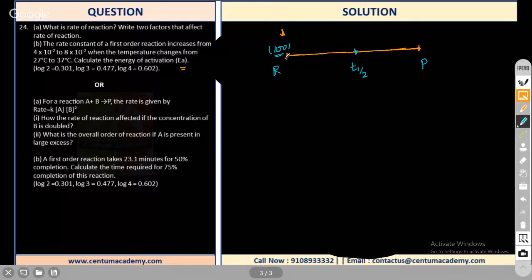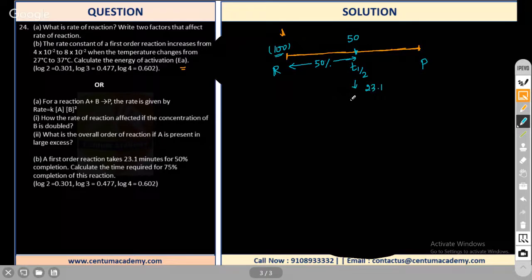So at this time, when the reaction proceeds, out of 100, what is left here? 50. And we say 50% of the reaction has been completed. So this time is given in the question, which is 23.1.